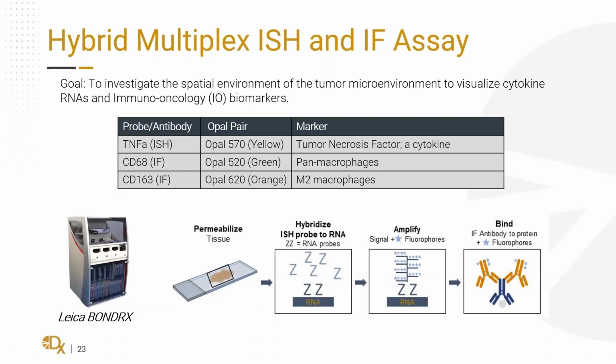The staining was performed on the Leica Bond RX automated stainer using an optimized protocol developed by LanternDx. And like previously discussed, the multispectral whole slide imaging was performed on PhenoImager Fusion, and phenotyping analysis was performed using the Visiopharm software.